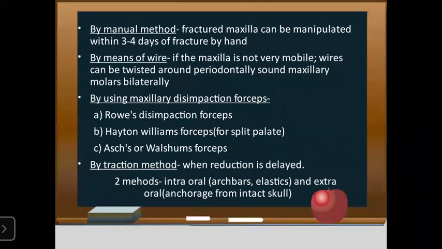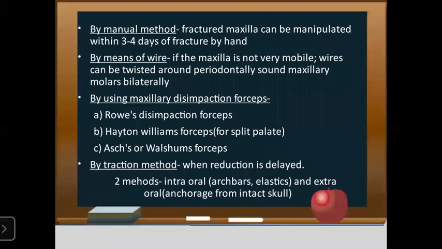Methods for closed reduction are by manual method, in which the fractured maxilla can be manipulated by hand within 3 to 4 days. It should be done in such a way so as to disimpact the maxilla and move it forwards. Second, by means of wire. It is usually indicated when the maxilla is not very mobile.